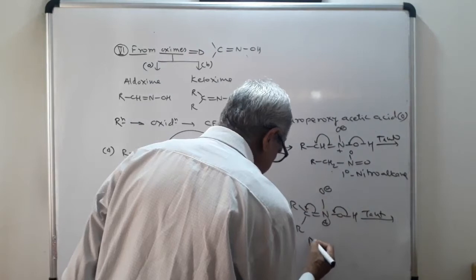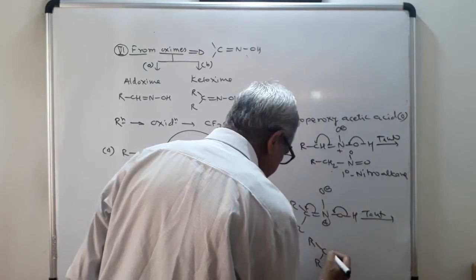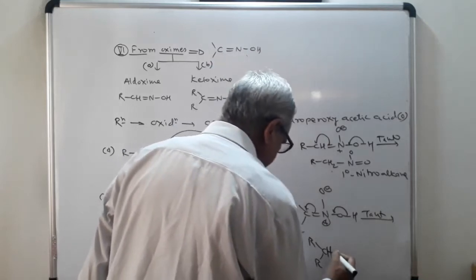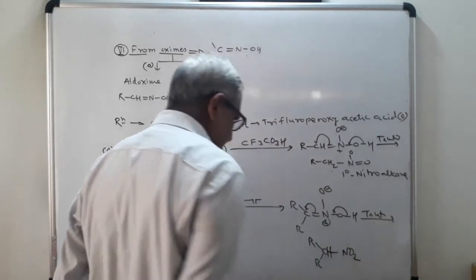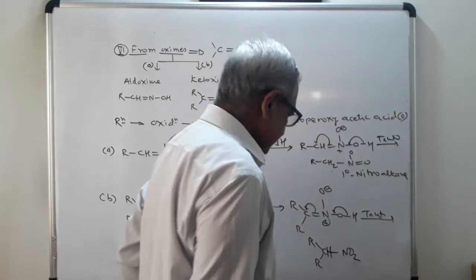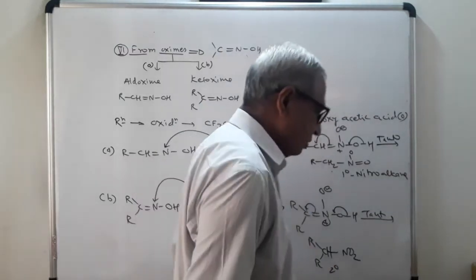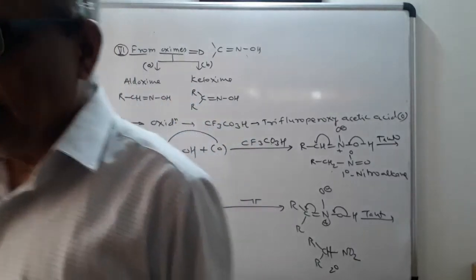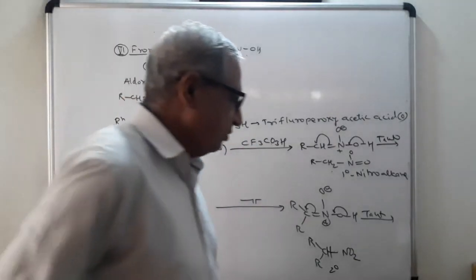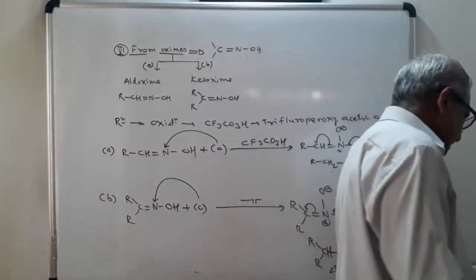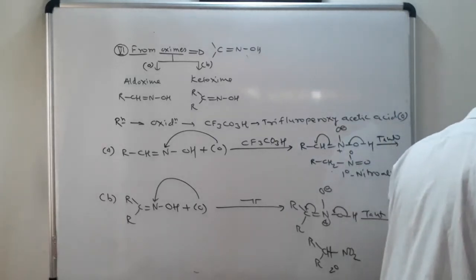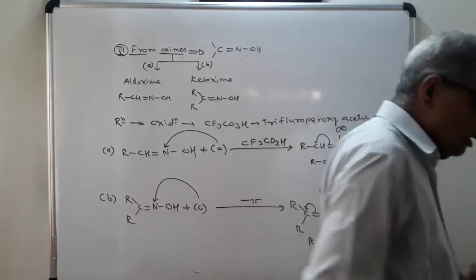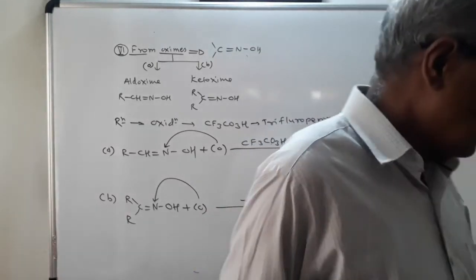You will get here RCRH, the hydrogen atom must be here, then you will get the nitro group. This is a secondary nitroalkane. Remember that by oxidation of aldooxime and ketoxime, you will get primary and secondary nitroalkanes respectively. So these are the important questions on the title, preparation of nitroalkanes.